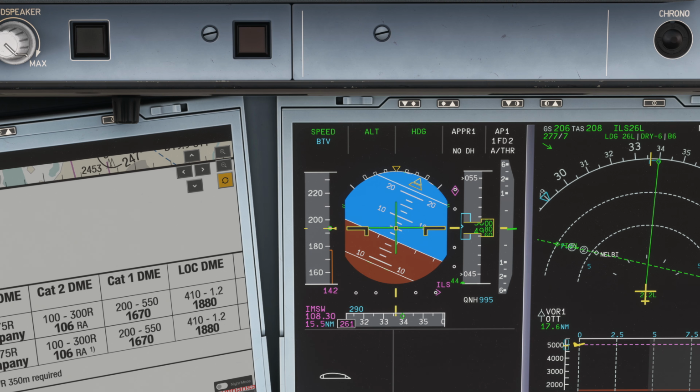Most importantly, the last call from the captain is going to be land, when the land FMA comes on at 350 feet, and thereafter the first officer has to do the flare and the rollout calls, confirming to the captain who's looking outside that the aircraft is going to initiate the flare automatically, and that the rollout mode has engaged, and so that the aircraft is going to track the center line.